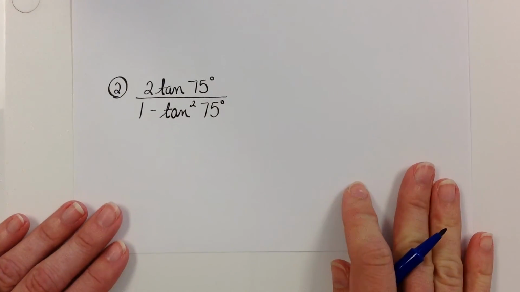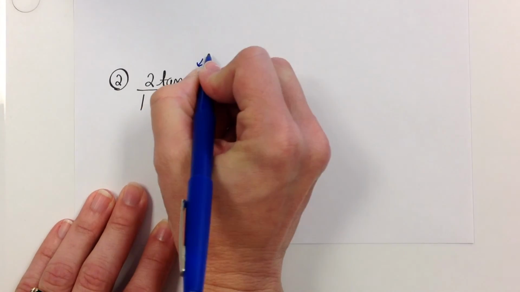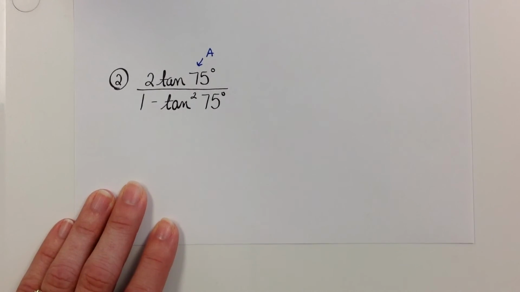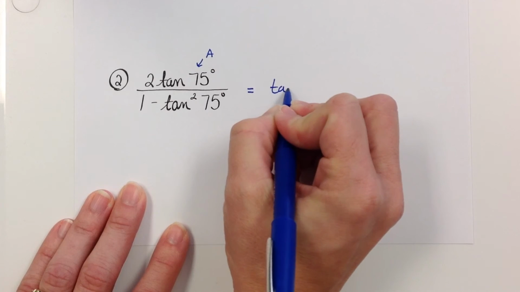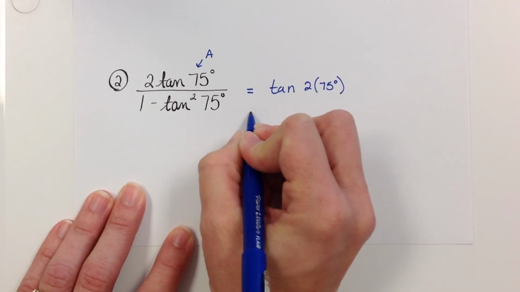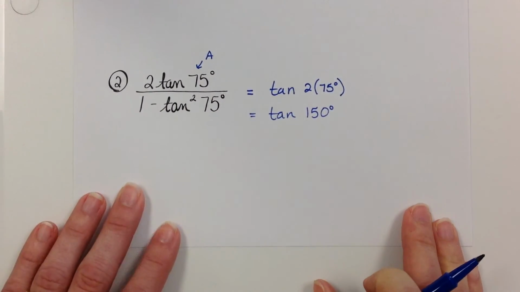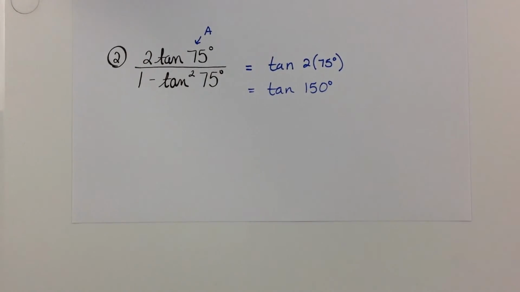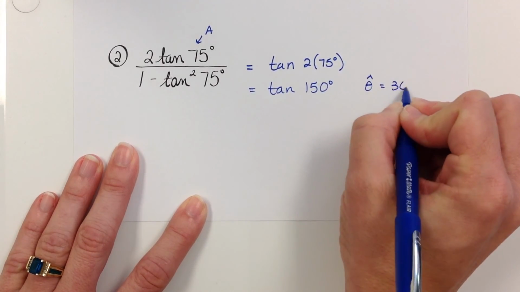Okay, next one. The one that we have here fits the identity for tangent 2A. What we have for A in this example is going to be 75 degrees. Again, just using it in reverse order, this would be equal to tangent of 2 times 75, so tangent of 150 degrees. Now, 150 is not one of those we know directly off of our table, but the reference angle for 150 degrees is 30 degrees.